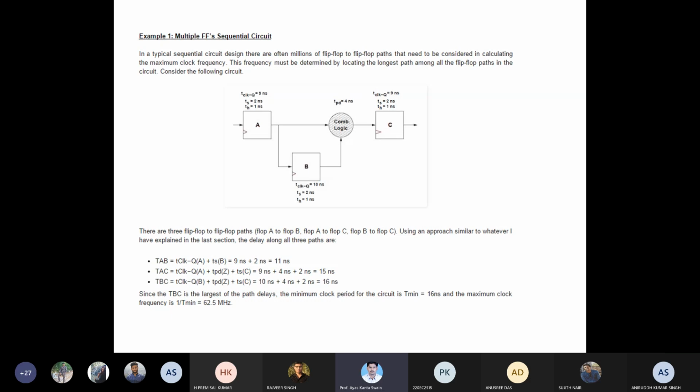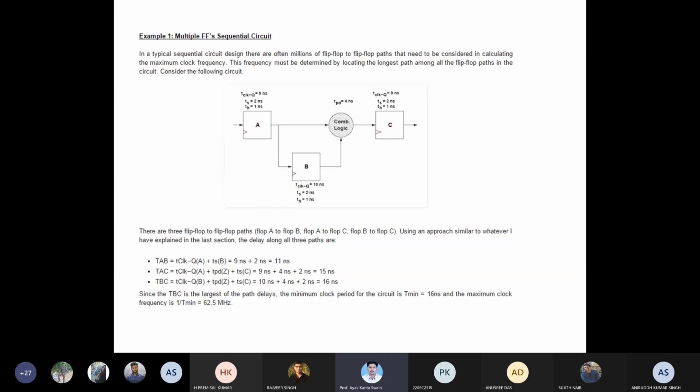So the TAB path took around 11 nanosecond for the data traveling. Then the traveling time of data for TAC: in this case you will get TCLK-Q of A, then TPD of the second one, then the setup time of the third one, that is C.